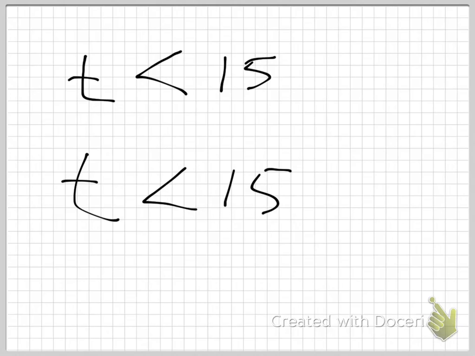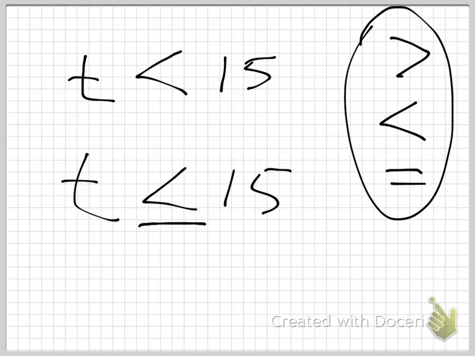So then how do you write this differently, Caleb? It's not an equal sign. This is how you write it. This right here is called less than or equal to. Here are the symbols. You've been used to greater than, less than, and equal to.